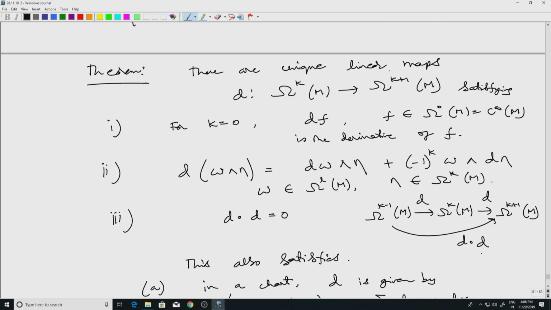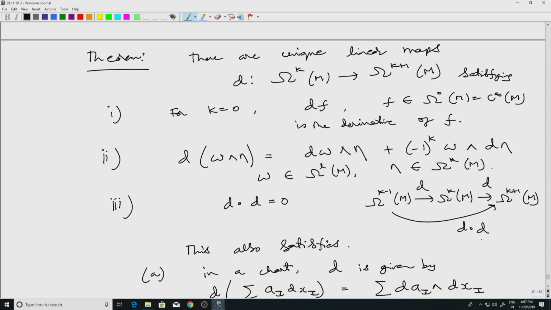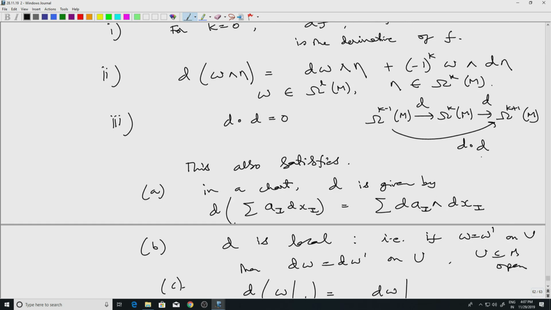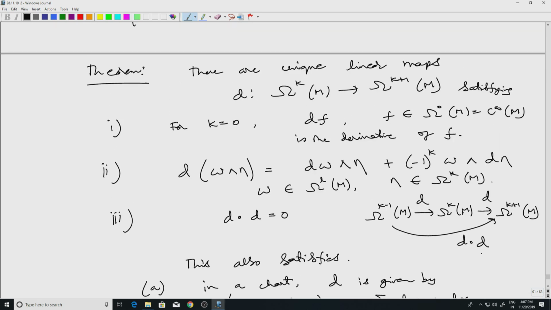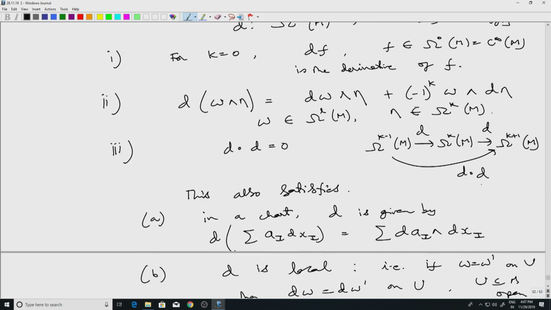So the formal statement is that there are unique linear maps d from omega k to omega k plus 1, so that when k is 0, we define 0 forms to be C infinity functions. So this d that we are defining is the same as the usual derivative.